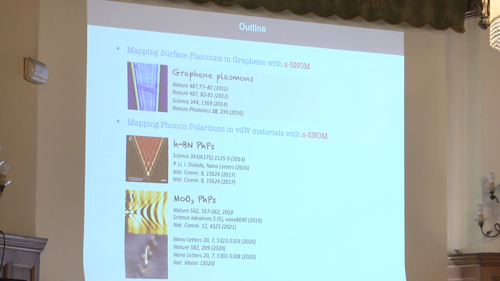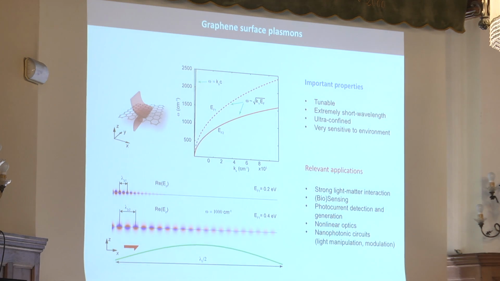First of all, it's about graphene plasmons. What are graphene plasmons? I explained to you that they are surface plasmons, but why are graphene plasmons interesting? And this was particularly triggered by Frank, that is here, where he proposed theoretically in a paper very nice properties of graphene plasmons. Also in the group of Dimitri, they were mapped by nano-FTIR and so on.